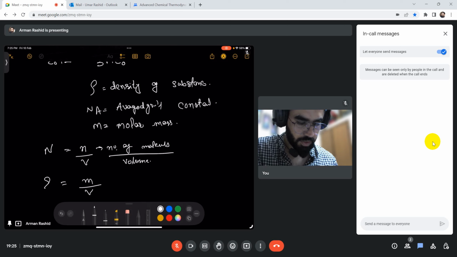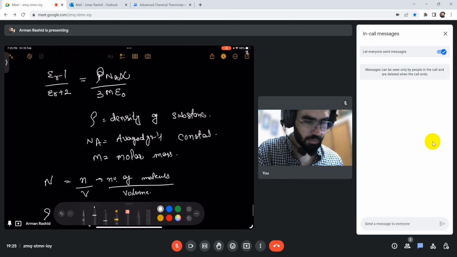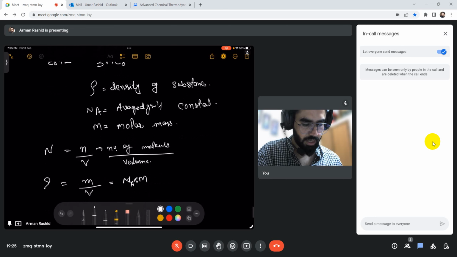For 1 mole of the gas, the mass is given by the molar mass, and the number of molecules is Avogadro's number Na.